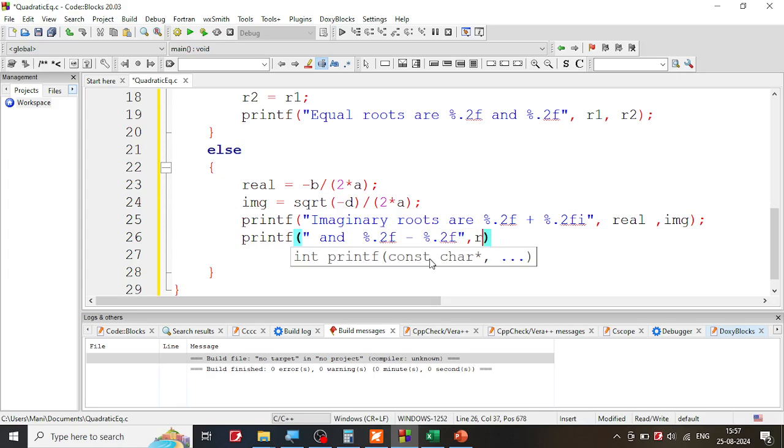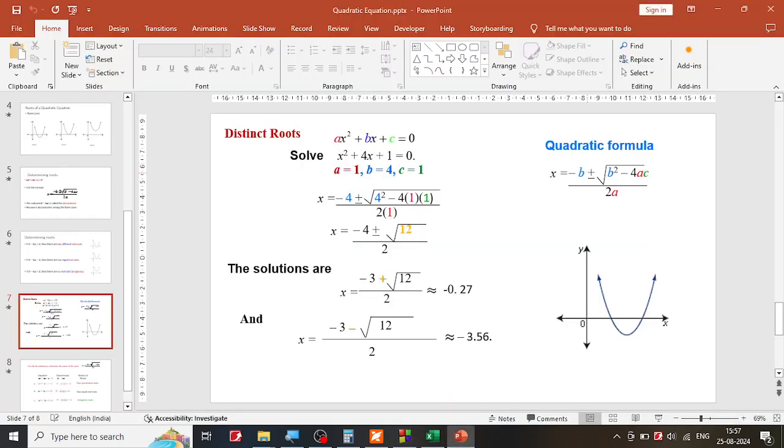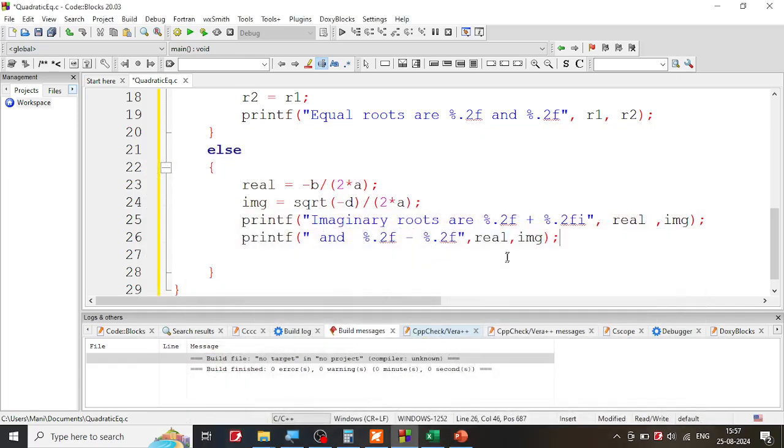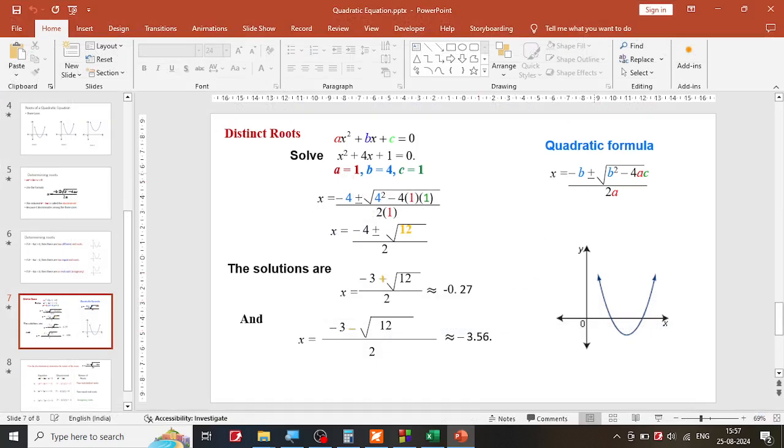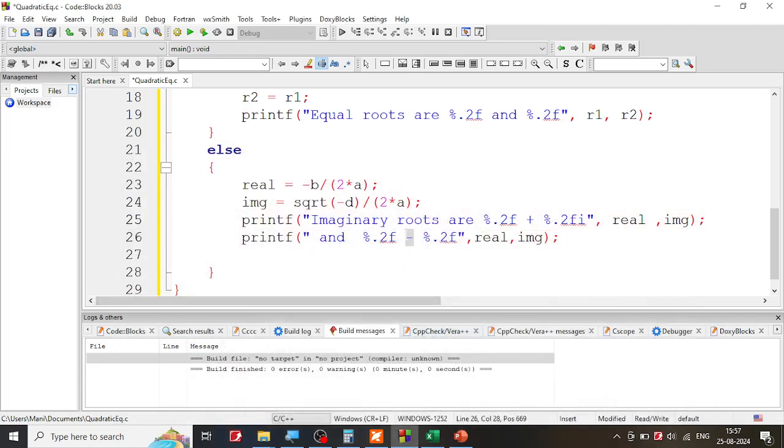The first part is the real part, the second part is the imaginary part. This is minus b plus square root of b squared minus 4ac. Next time, minus b minus square root of b squared minus 4ac, by 2a. This is minus, so the second part is minus.